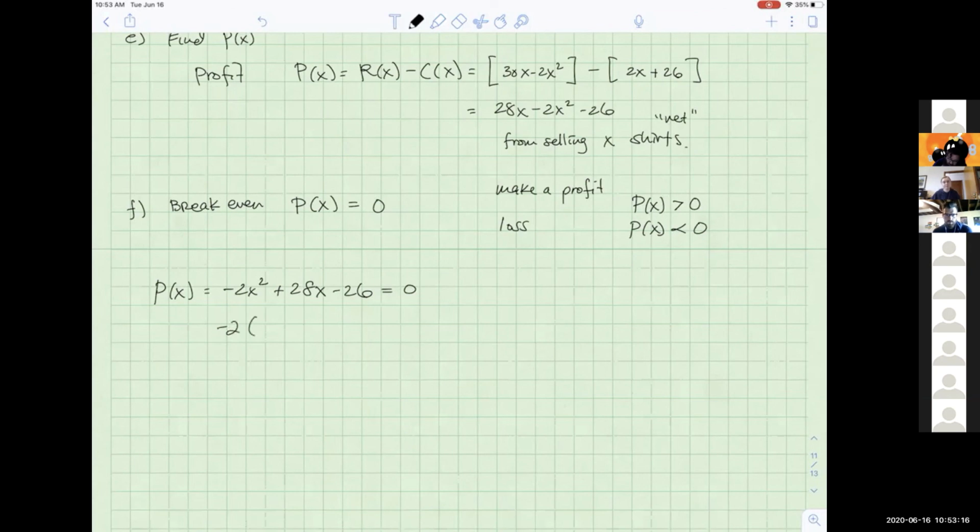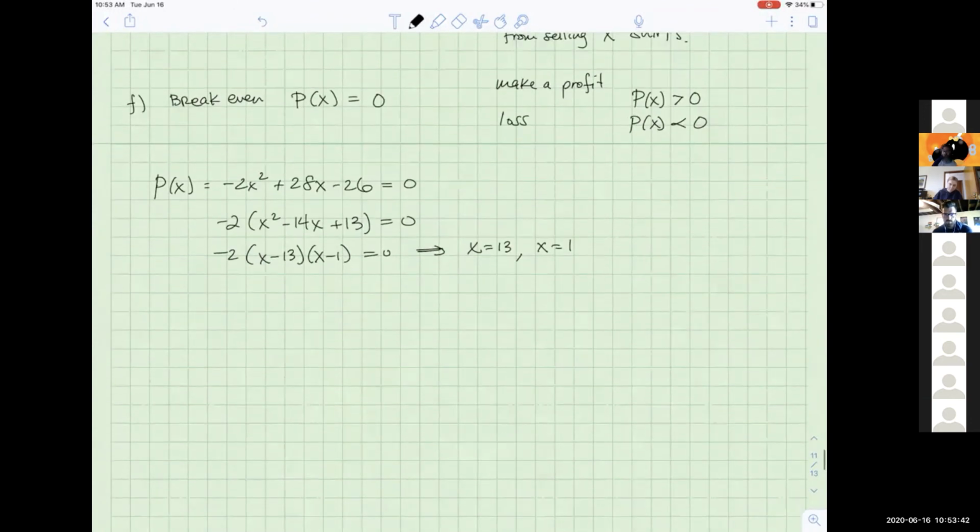If we factor out a -2, we get x squared minus 14x plus 13, which is 0. And if we factor that further, we get x minus 13 times x minus 1 equals 0. And that will happen when either x equals 13 or x equals 1. And so what this means is a couple of things. If we only sell one t-shirt, we're going to break even.